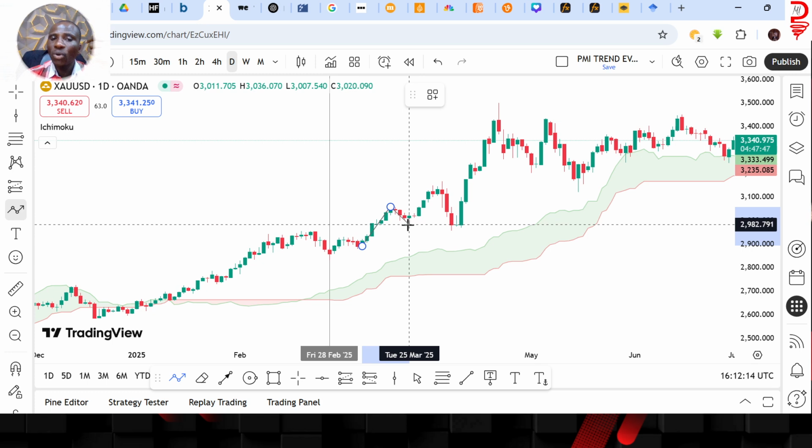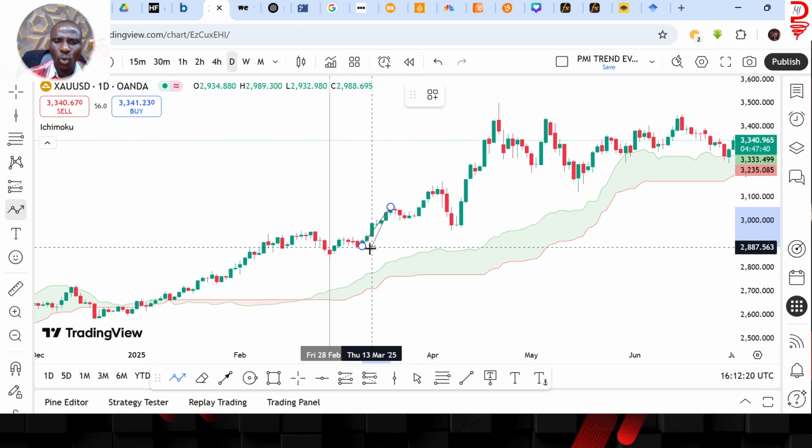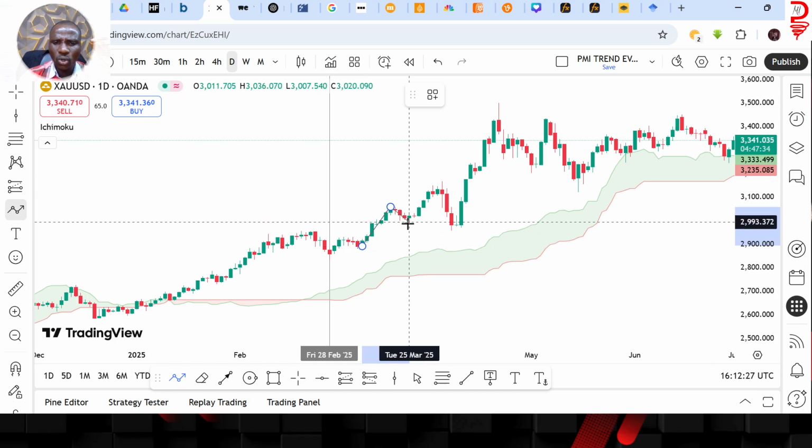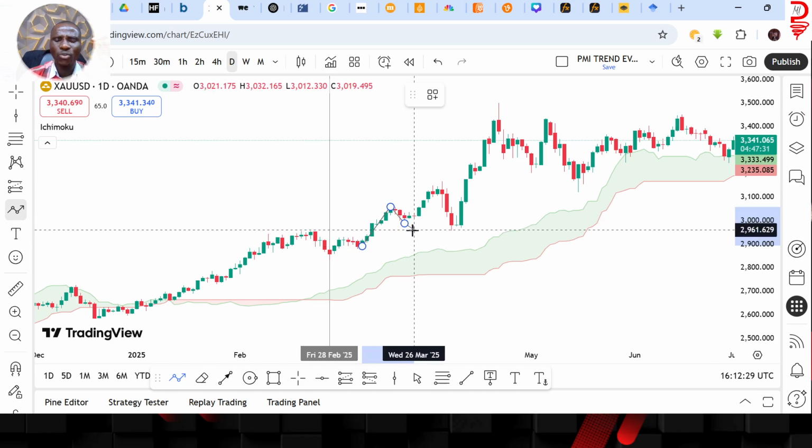However, in most cases you want to see two or more candlesticks as a corrective wave that do not break this low. This is a low. You notice that these do not break this low, so this is a corrective wave.